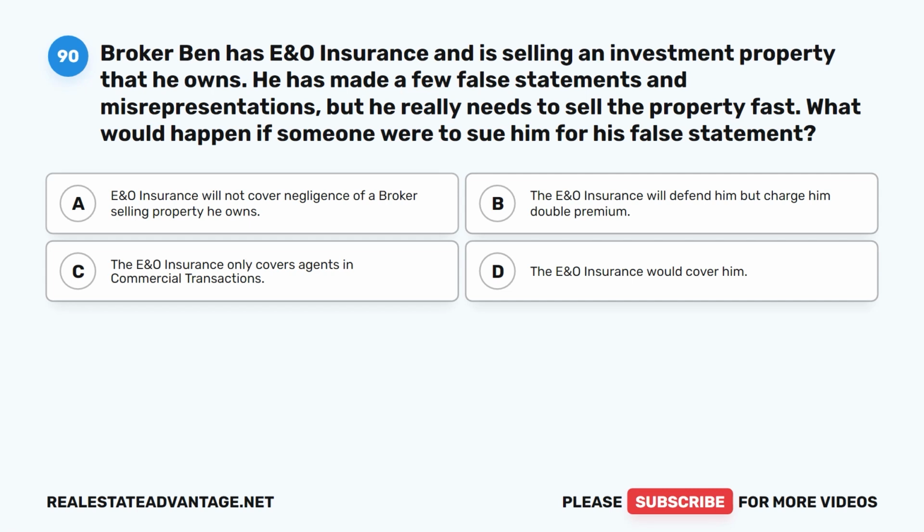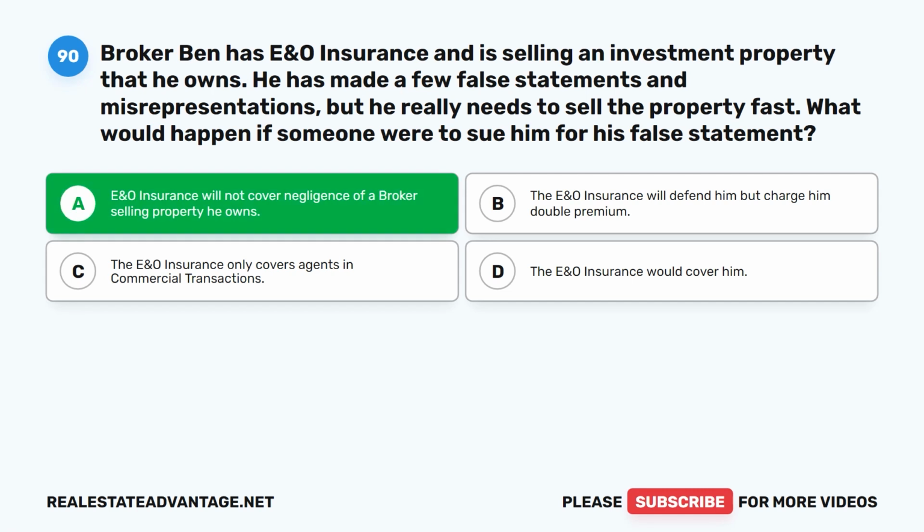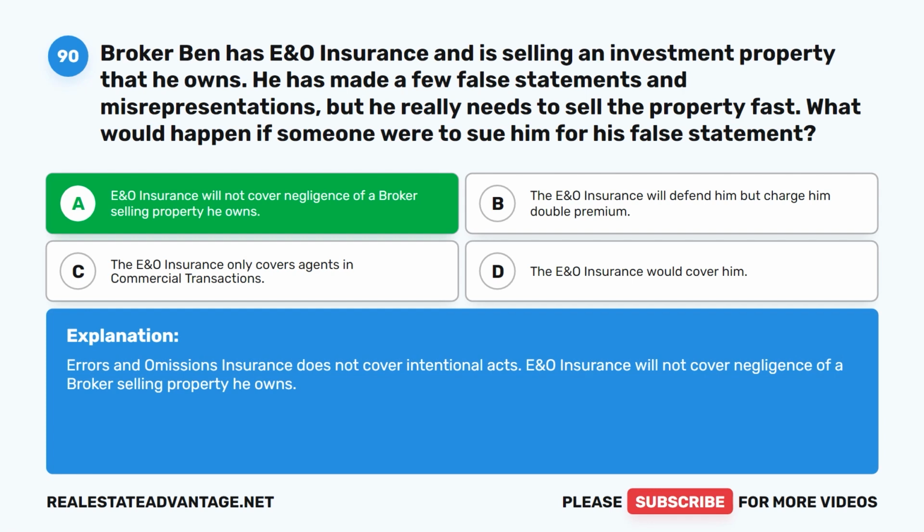C. The E&O insurance only covers agents in commercial transactions. D. The E&O insurance would cover him. The correct answer is A. E&O insurance will not cover negligence of a broker selling property he owns. Errors and omissions insurance does not cover intentional acts.